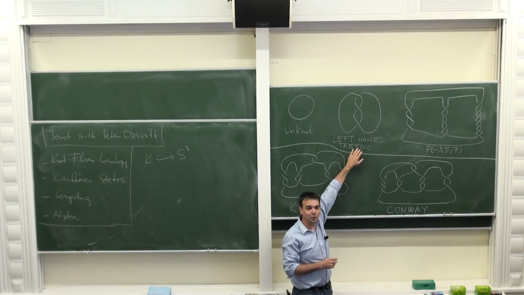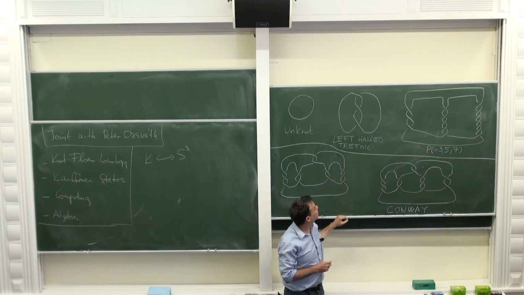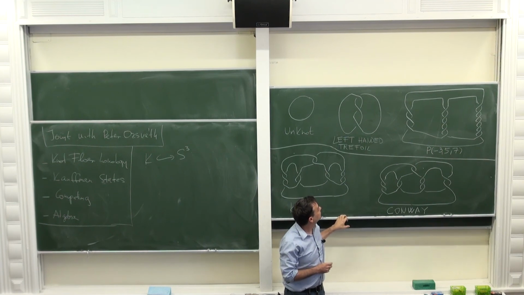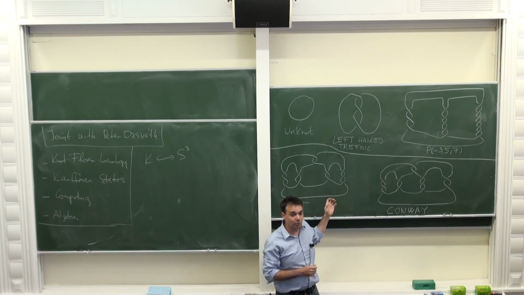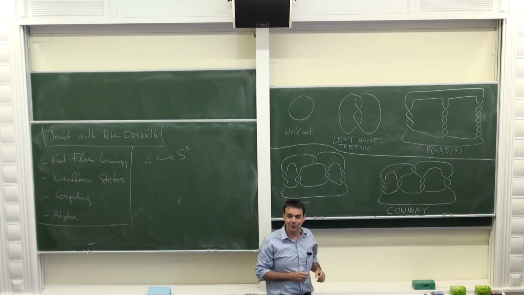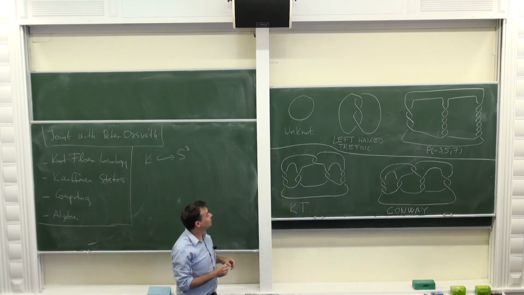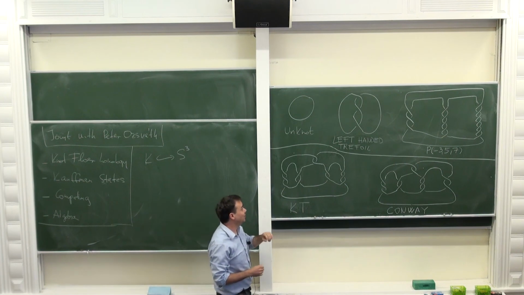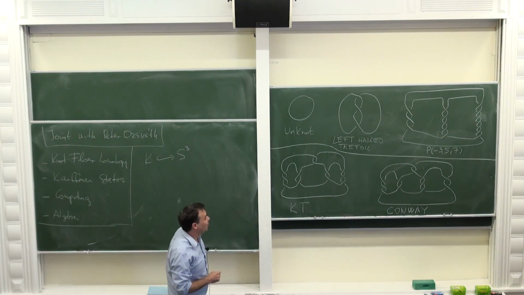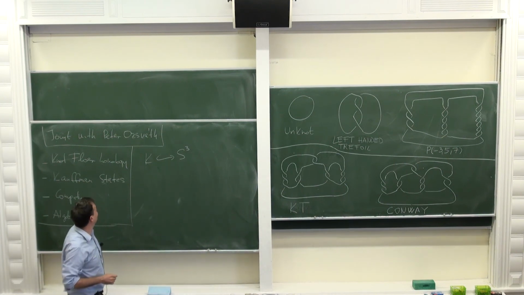The right-handed version is also a familiar example, and I also included some more complicated examples as well, so that we won't always see the easiest example. Okay, so maybe back to these examples later.